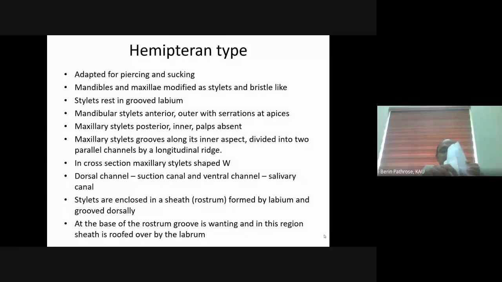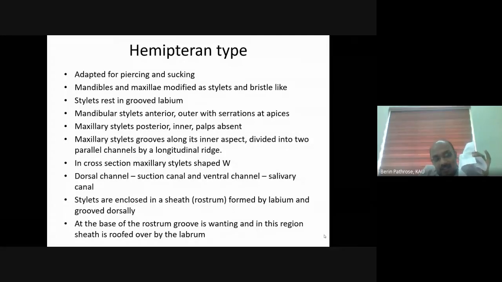When these two maxillary stylets are kept together, it forms a canal or channel, and the dorsal canal, that means the upper canal, is the food canal or the suction canal, and the ventral canal is the salivary canal.